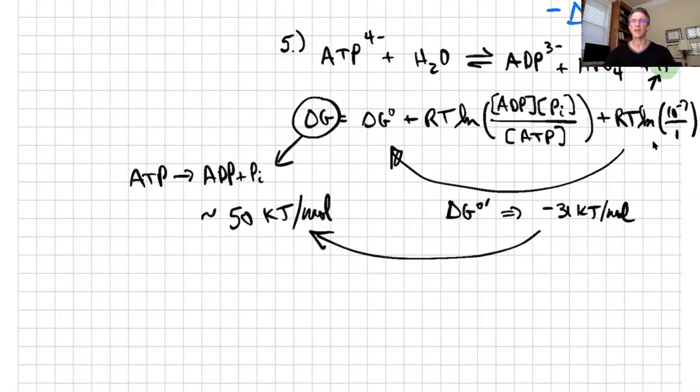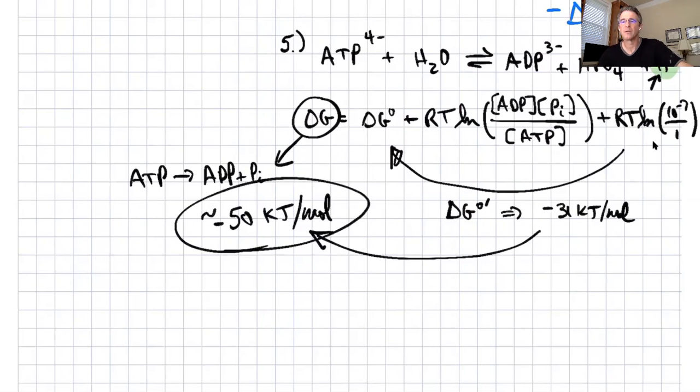That means all this great energy you can do stuff with. Think about that for just a second. This awesome place to put energy, ATP, right? It's unstable by a lot under cellular conditions.